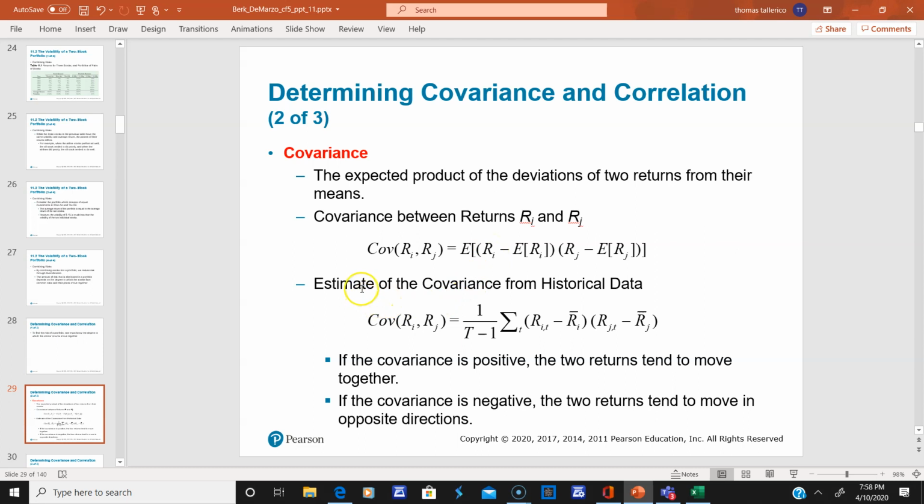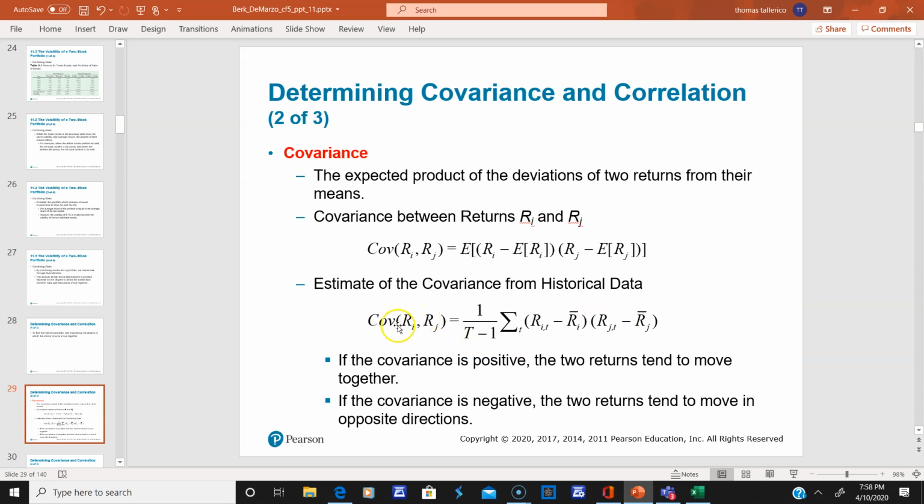Now there's a way of estimating the covariance from old historical data. We can use this equation here, and I believe this might be in Excel. I'm not sure. I'm going to have to go dig it up and look for it.